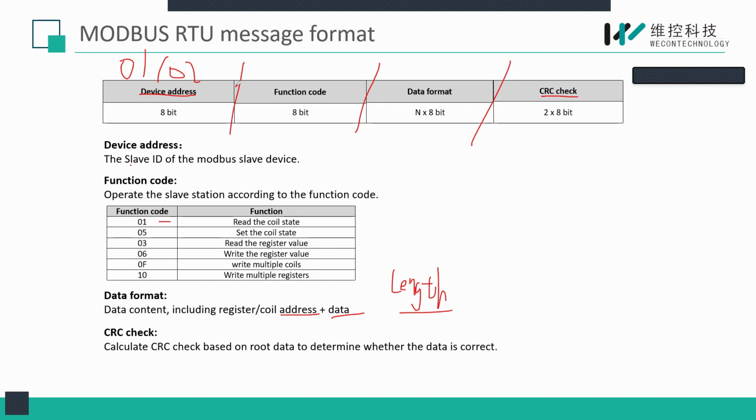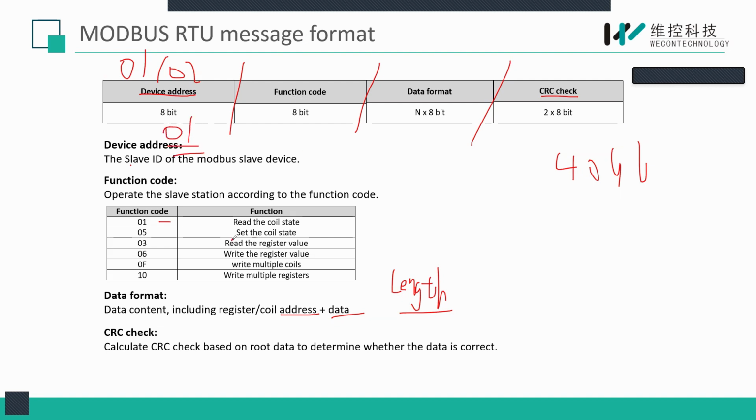So let's imagine an example. If we need our master to read the value from the coil 4096, then we need to set the device address, because we need to read from slave 1, so set it to 01.